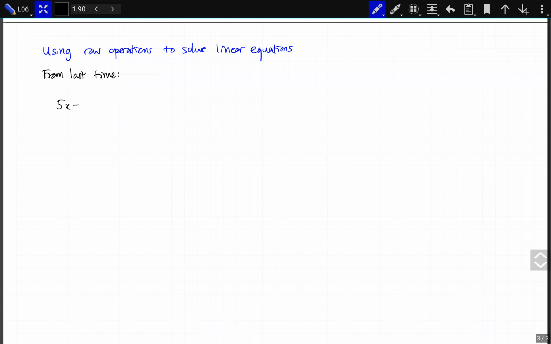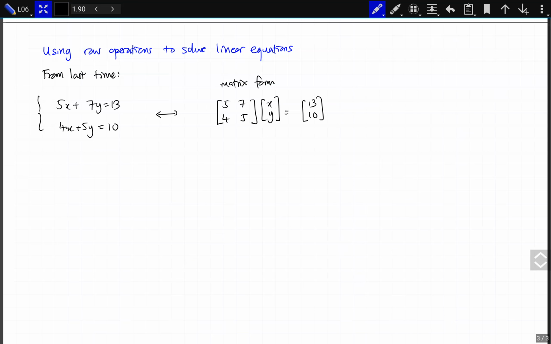We saw that we started off with a system, and this was equivalent to the matrix form. And that was equivalent to the augmented matrix.